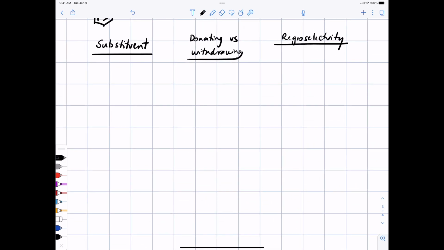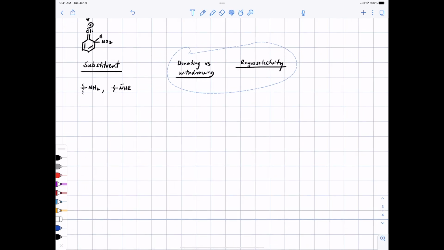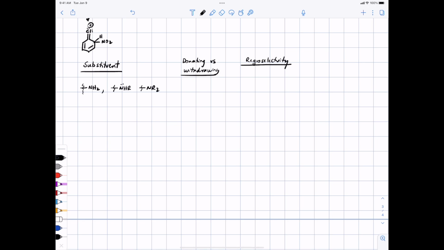So we're going to start out with, and the squiggly line represents where we're attaching to the benzene ring, NH2, and this can also include NHR and NR2, where R is some alkyl group, not a carbonyl and not a benzene ring.